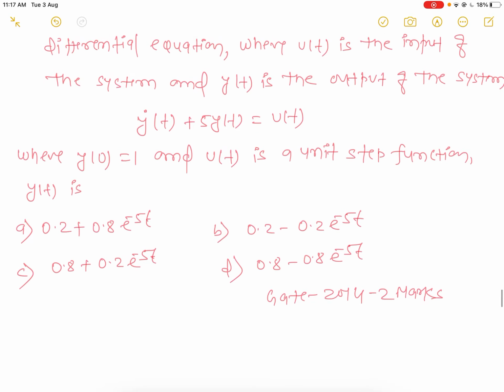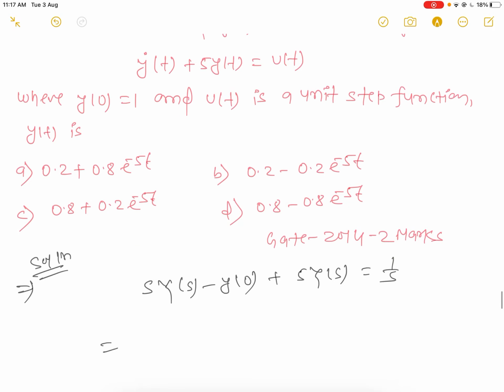Okay, so first simplify the differential equation. Taking the Laplace transform, sY(s) minus y(0) plus 5Y(s) equals 1 by s. Okay, y(0) is given as 1. Then sY(s) minus 1 plus 5Y(s) equals 1 upon s.